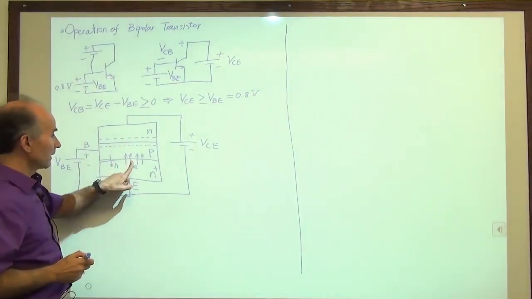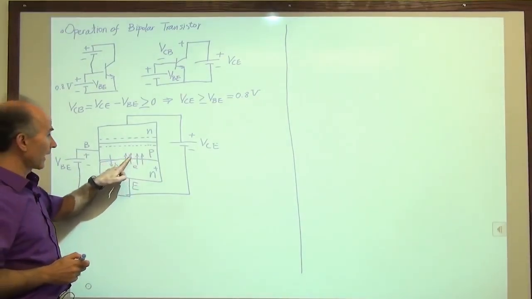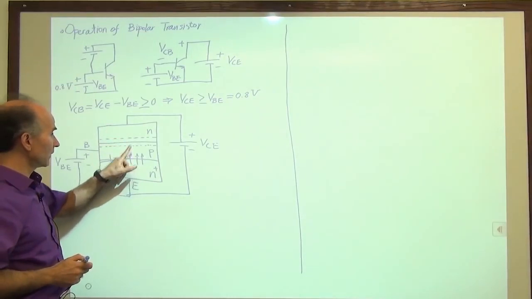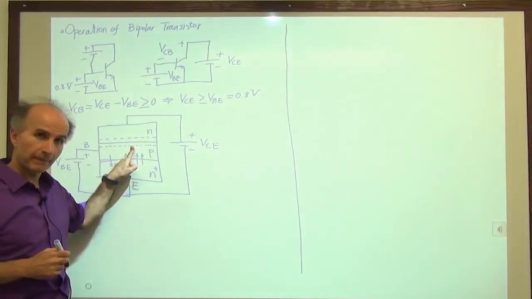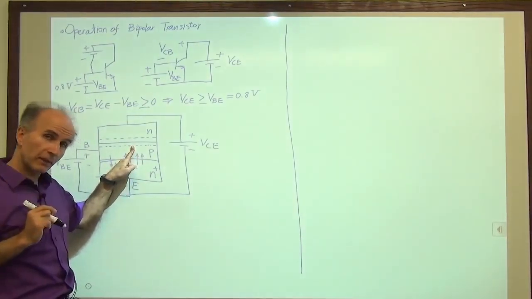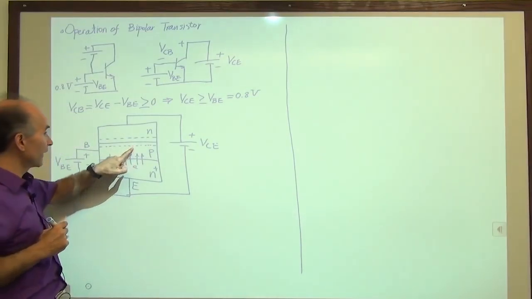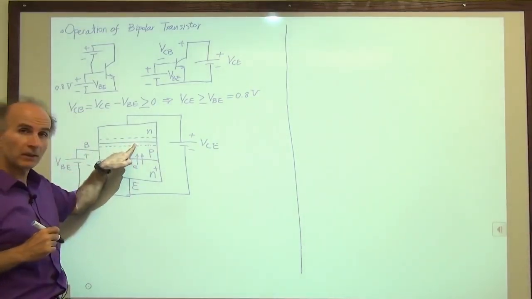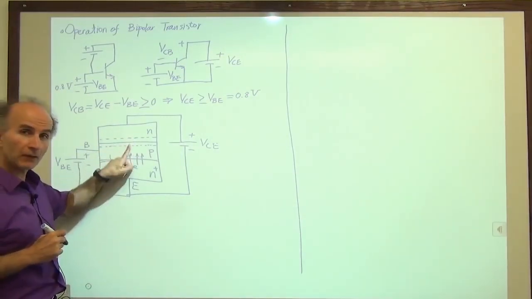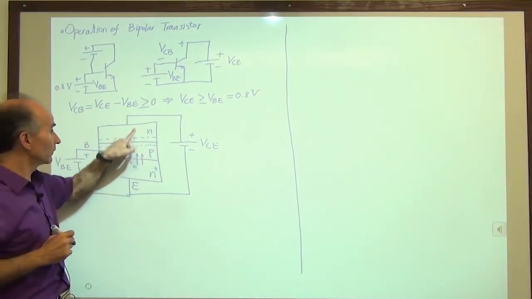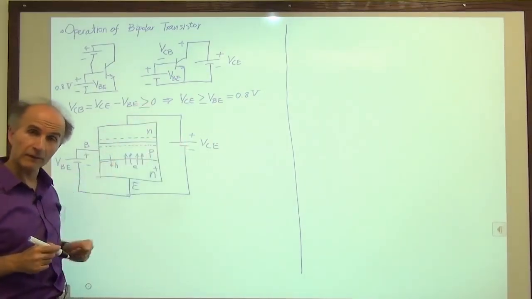If the electrons cross the base-emitter junction, and this is very thin, so they get to this edge of the depletion region, what happens to them? Well, remember the first observation I made about the injection of carriers? We said that if we place an electron here, because we have an electric field pointing this way, the electron will go that way and will go into the N section, and it will be collected by the N section and the battery.